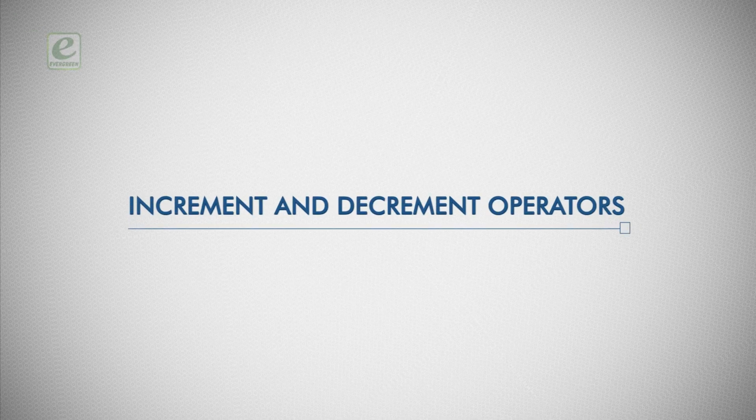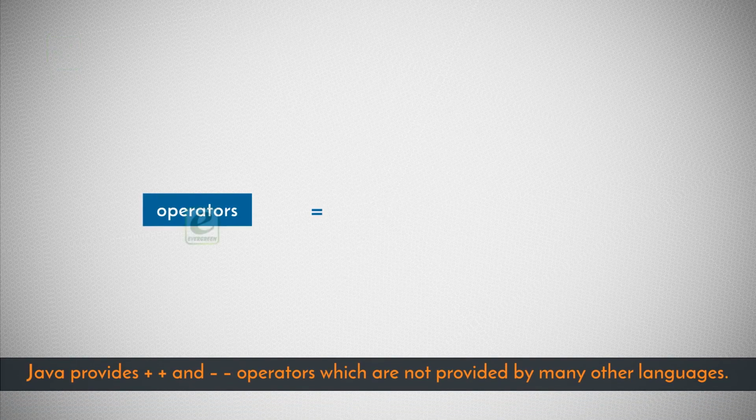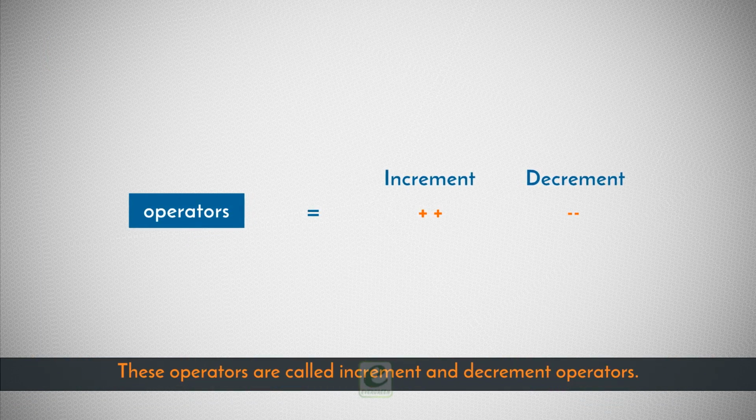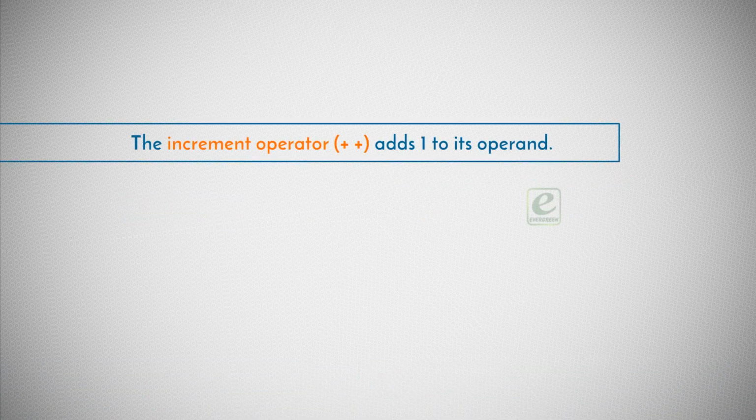Increment and decrement operators. Java provides increment and decrement operators, which are not provided by many other languages. The increment operator adds 1 to its operand.